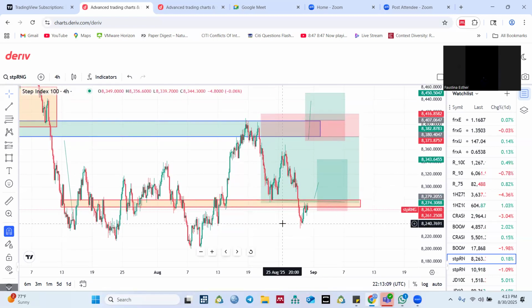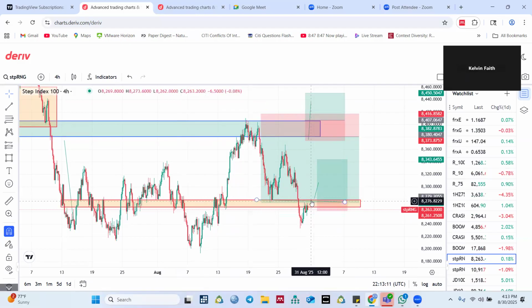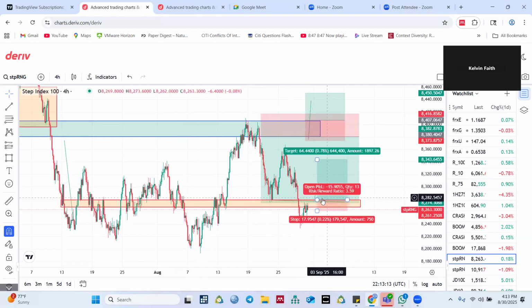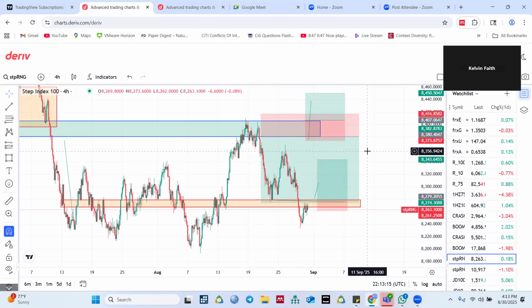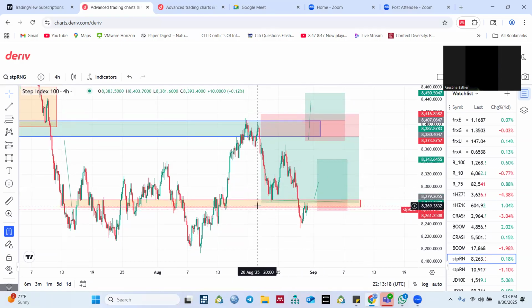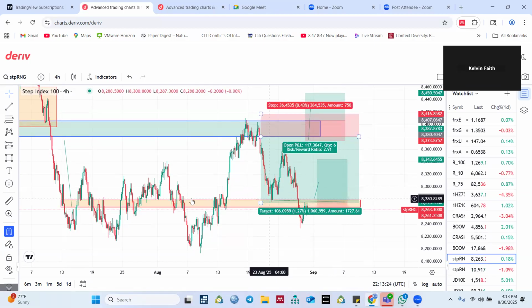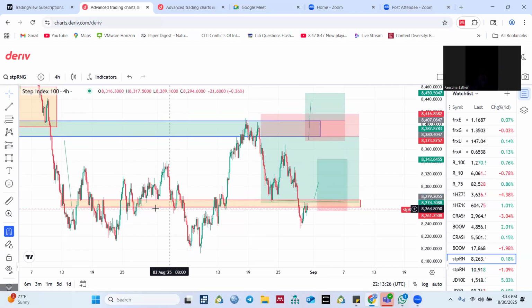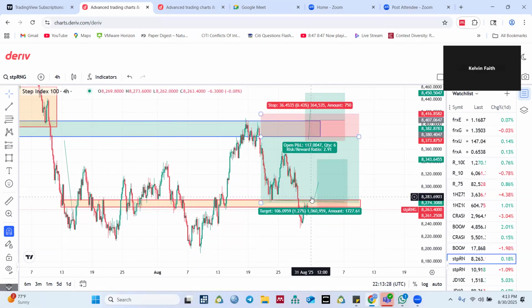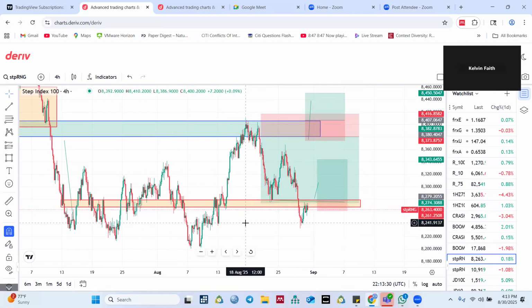Yes. Good. And now we are learning that if price is above this small zone here, it goes up. So what other thing do you need again to scalp? If price goes above this small support resistance zone in between this area, you do what? You scalp. But where is your target?